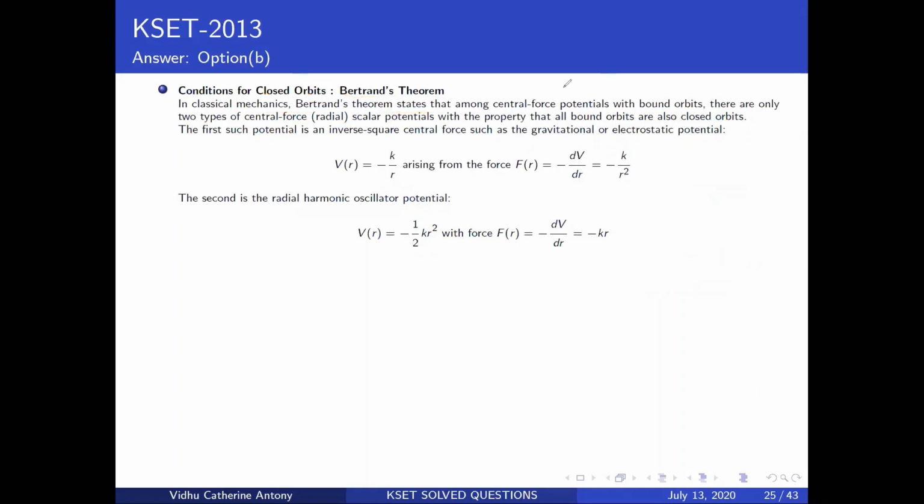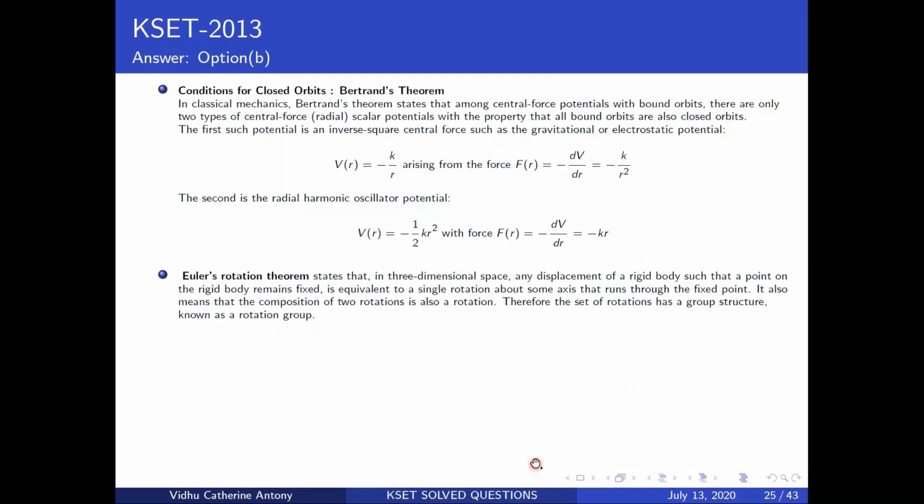The next theorem that they've said is Euler's theorem, or Euler's rotation theorem. In three-dimensional space, any displacement of a rigid body such that a point on the rigid body remains fixed is equivalent to a single rotation about some axis that runs through the fixed point.